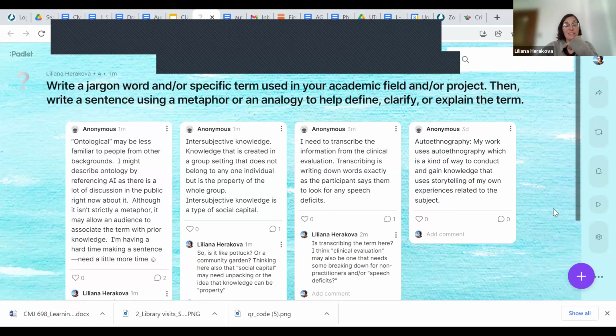But I do love the idea of bringing AI or something that really is in the current moment as a way to make sense of your work and of what you're doing. So I'll switch back to the slides.